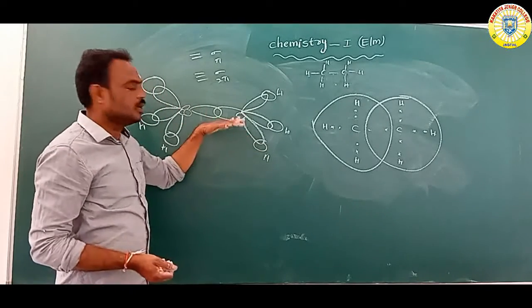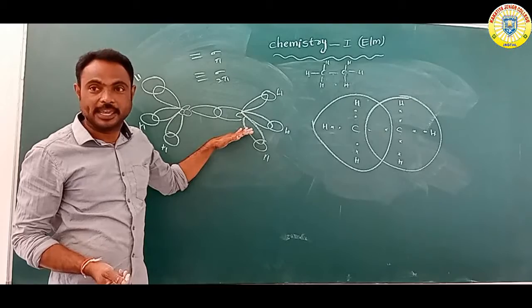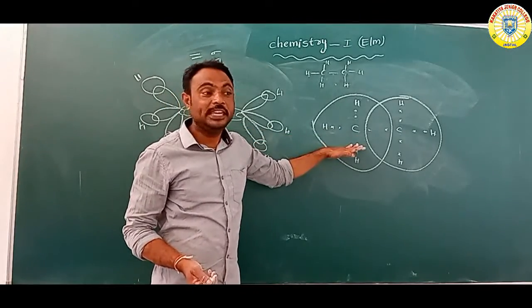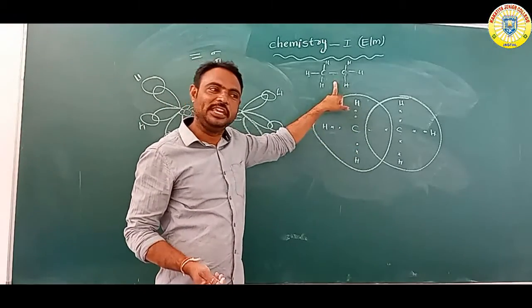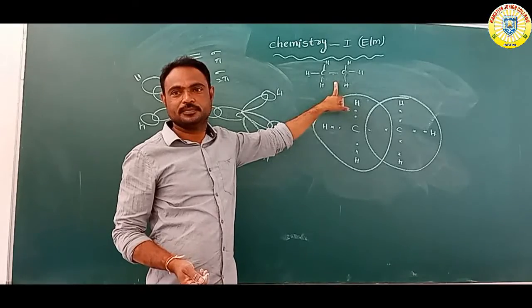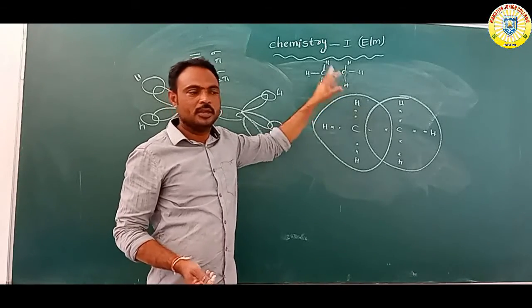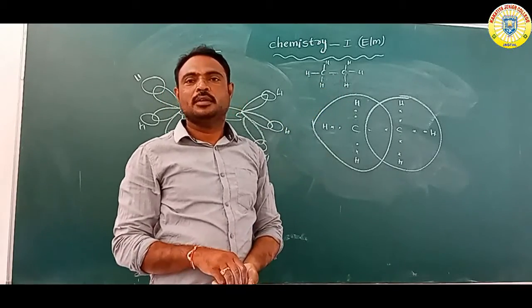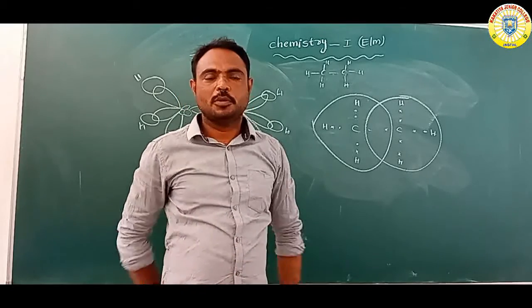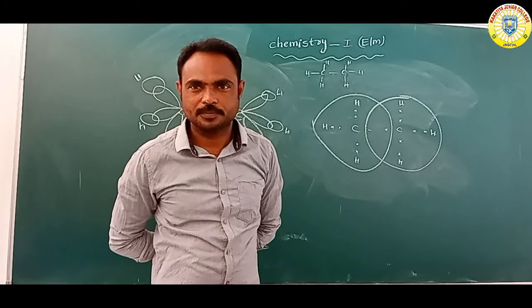Okay, so that is the structure of ethane, or the dot structure of ethane, or simply the structure of ethane. Next we will discuss the remaining structures.